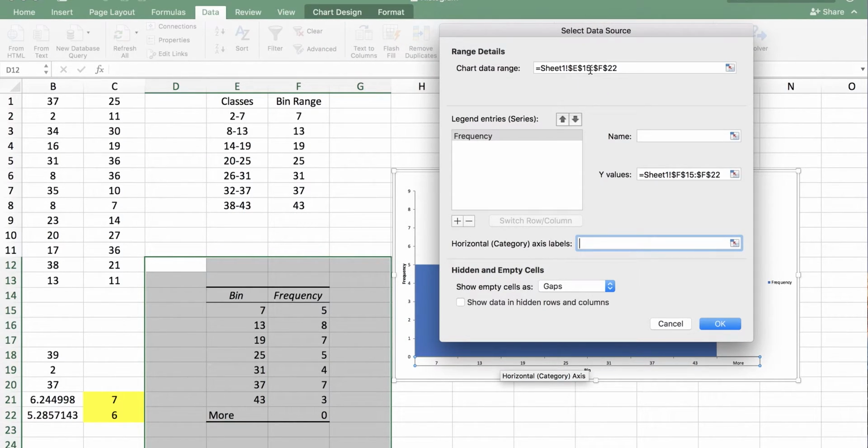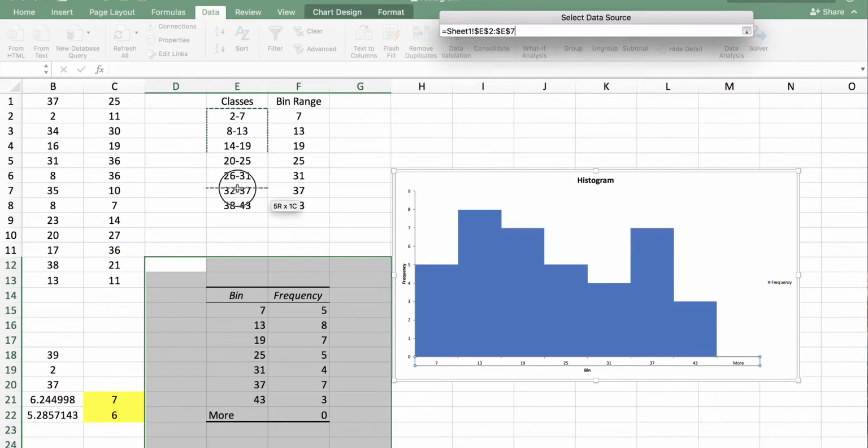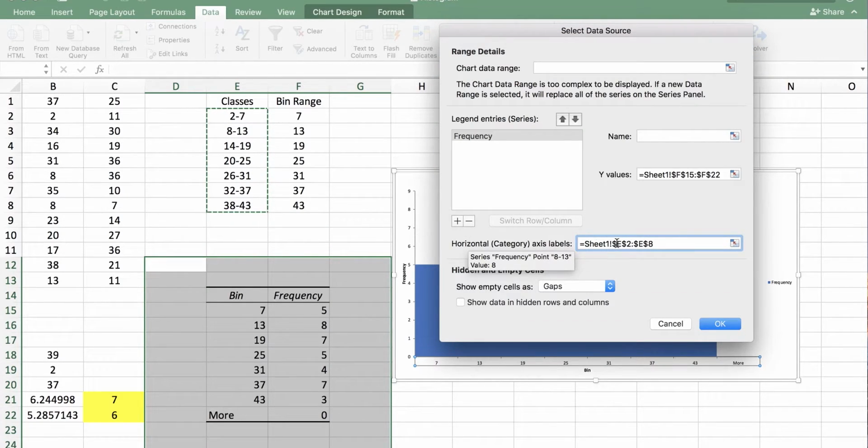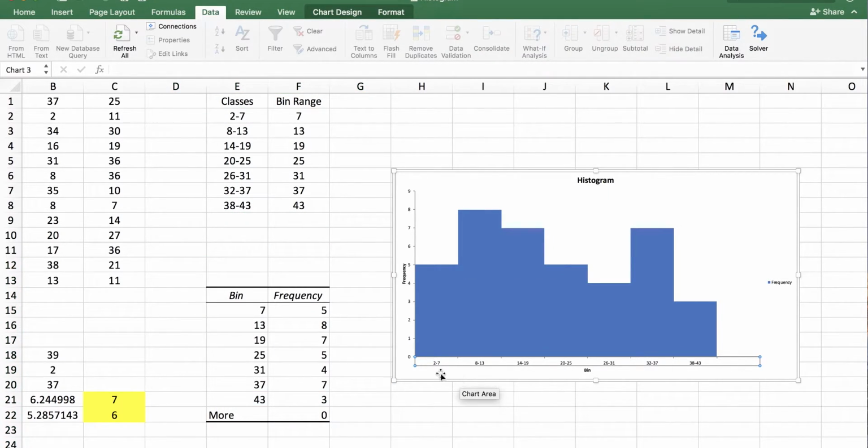Make sure it's empty, and then go and select your original classes, which will change the x-axis labels, showing you the classes. So the first one has 2 to 7, which is my first class, and the frequency is 5. As you can see, it shows a value of 5. And the second class, 8 to 13, has a frequency of 8, as we can see on the graph.